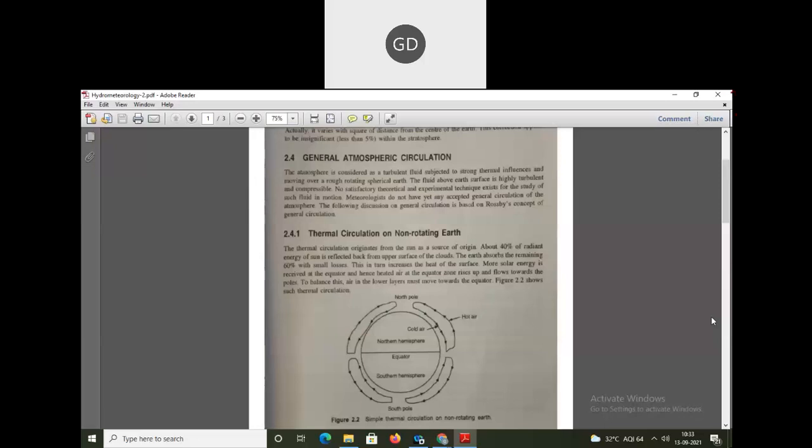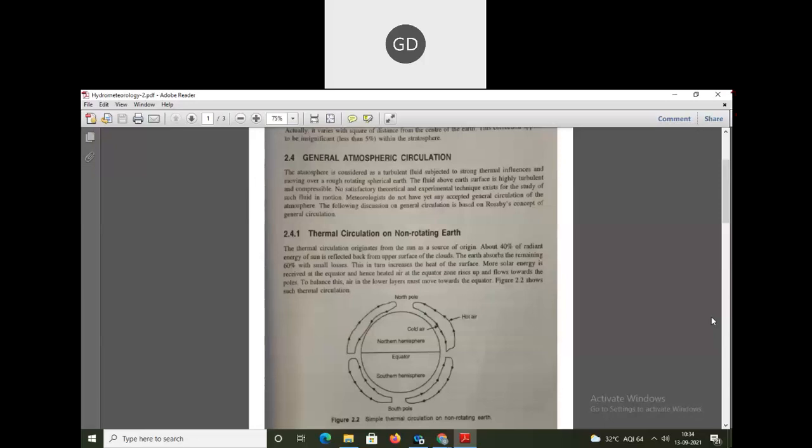From the principle of angular momentum, the eastward velocity of the air increases. So the air that is rising at the equator and moving north acquires an eastward component because of the rotation of the earth.